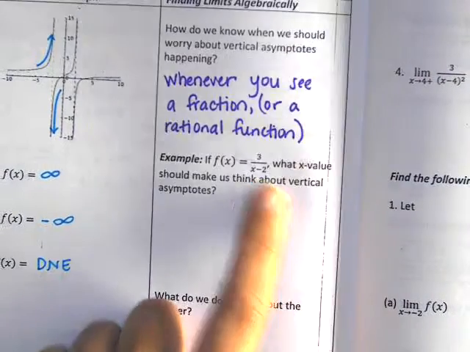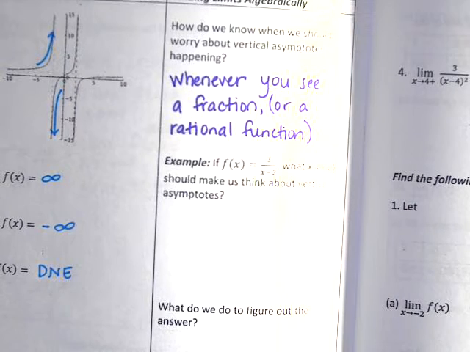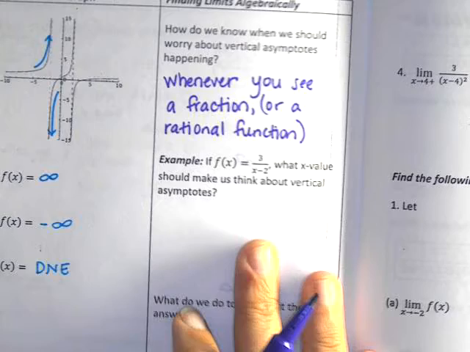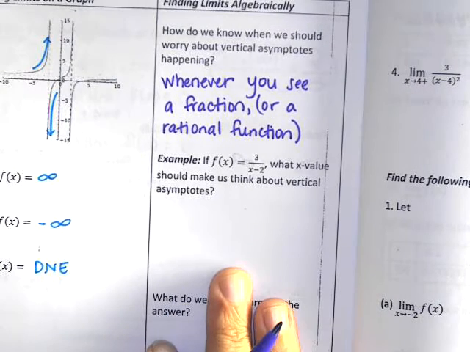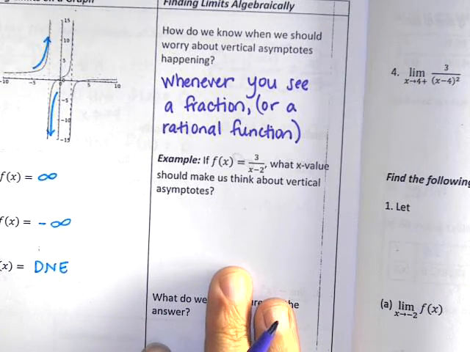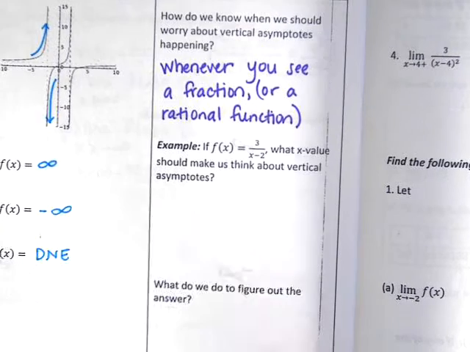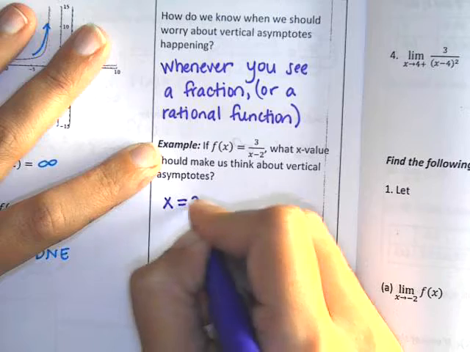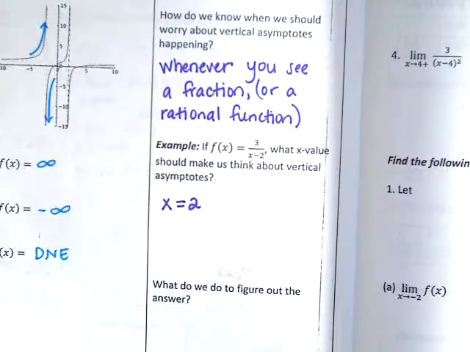For example, if f of x was this function, what x value would make us think about vertical asymptotes? What I'm going to look at is the denominator here. Whenever the denominator equals 0, I know that a vertical asymptote is something that I should worry about. So in this case, I would say when x equals 2, I should be worried about a vertical asymptote.